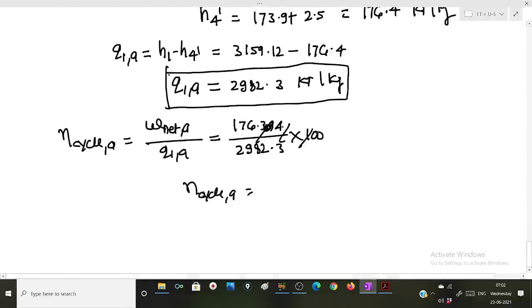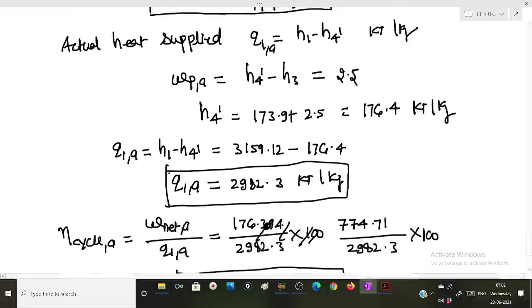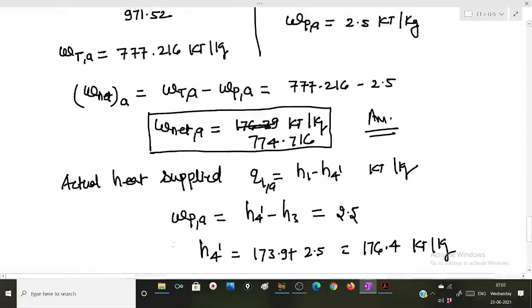So please let me put the correct value. 774.71 is the net work output value divided by actual heat supplied as this. So I will get the actual cycle efficiency as 25.98%. Okay, so please correct this value. 774.716 is the net work output.